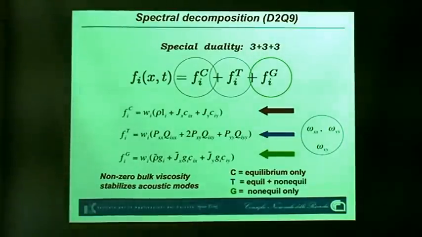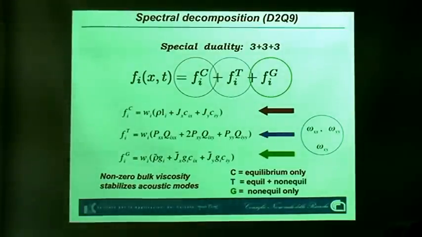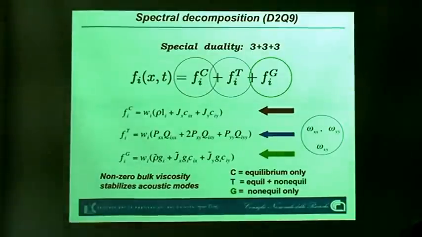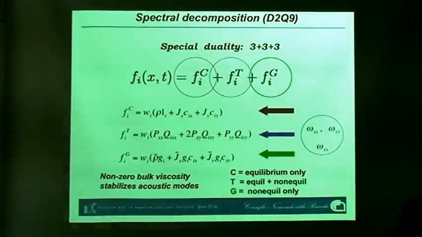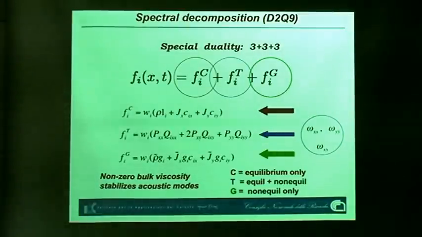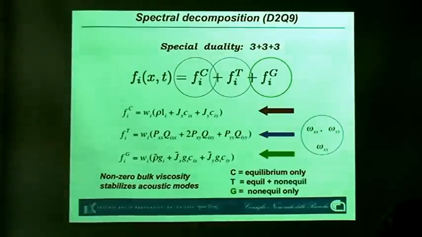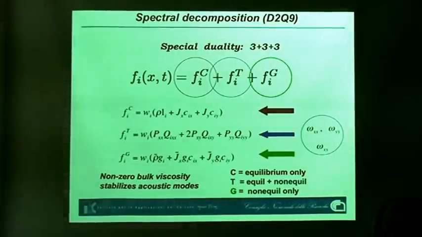I want Knudsen to be small, because otherwise I'm far off equilibrium, and I want Reynolds to be high because I want to be turbulent, and I want Mach to be small because I'm Lattice Boltzmann. One way of increasing Reynolds given Mach is to go low in Knudsen, right? That's the typical way.